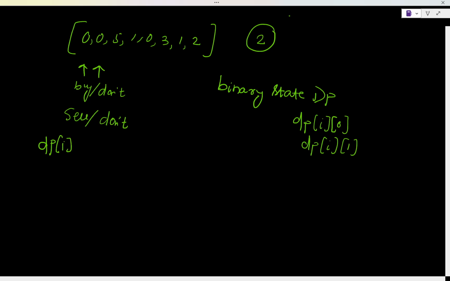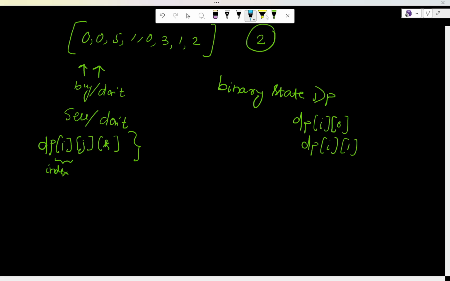This DP signifies the maximum profit I have got in the given array. And what does this signify? i is the index, so the current index I am at. Let me use blue. So i represents the index that I am at.